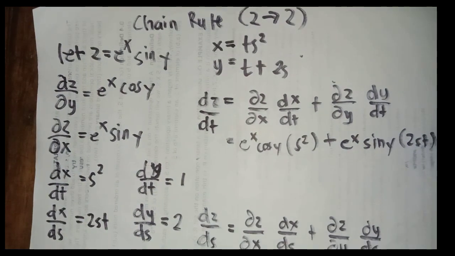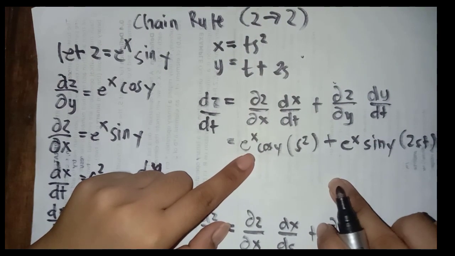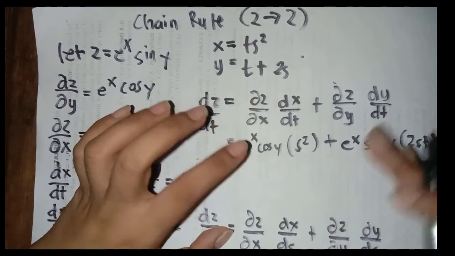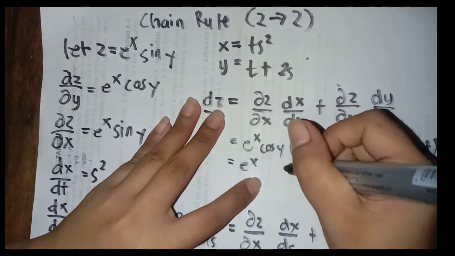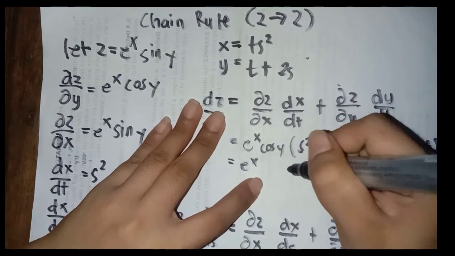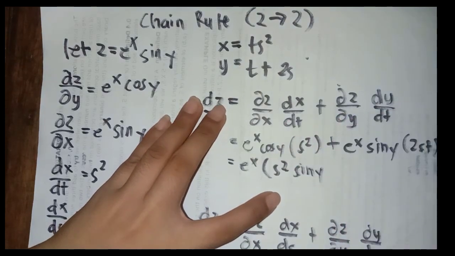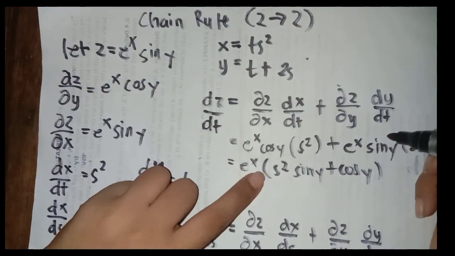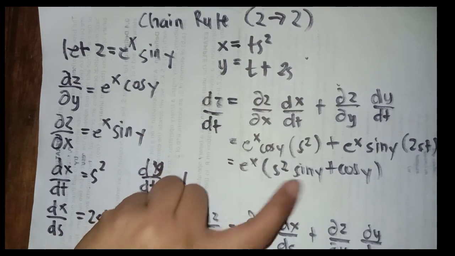Then for this we will combine like terms. So we'll get e raised to x times s squared sine y plus cos y.